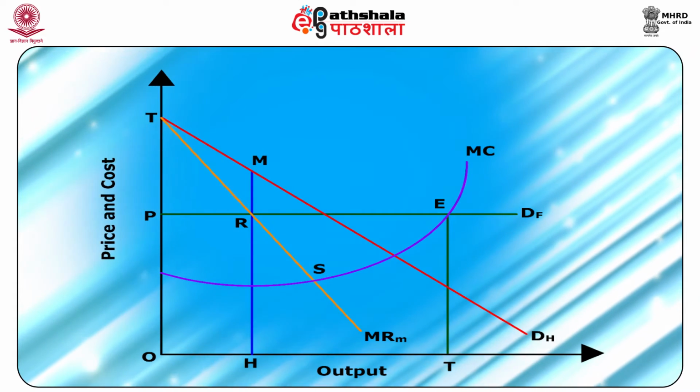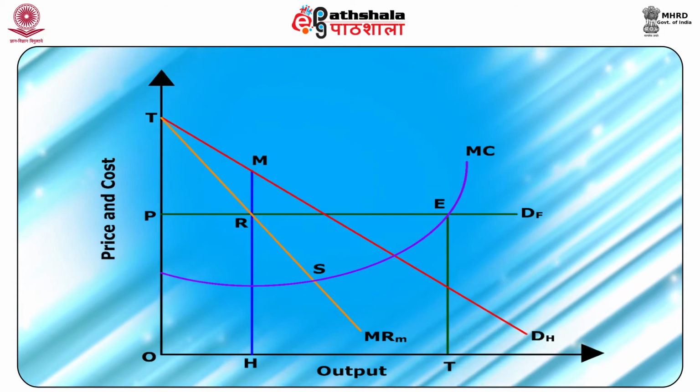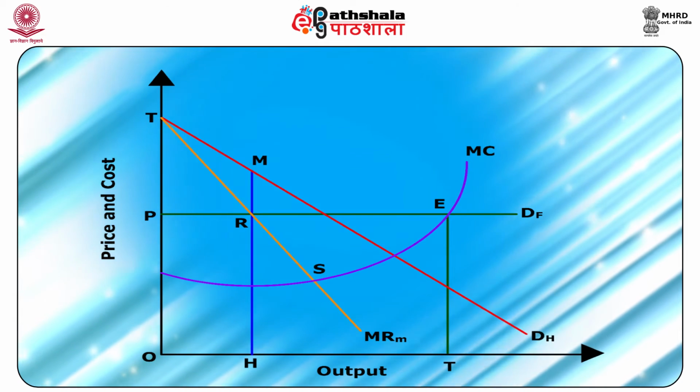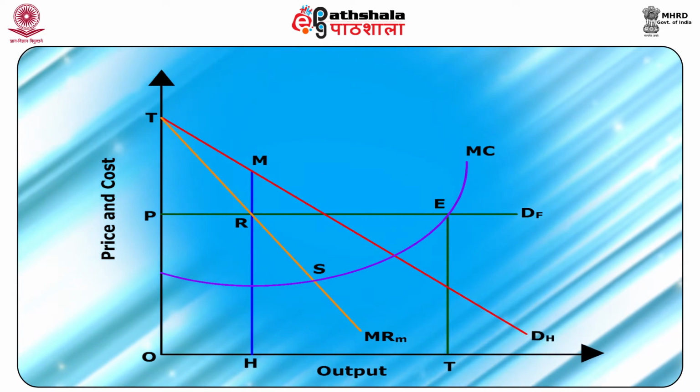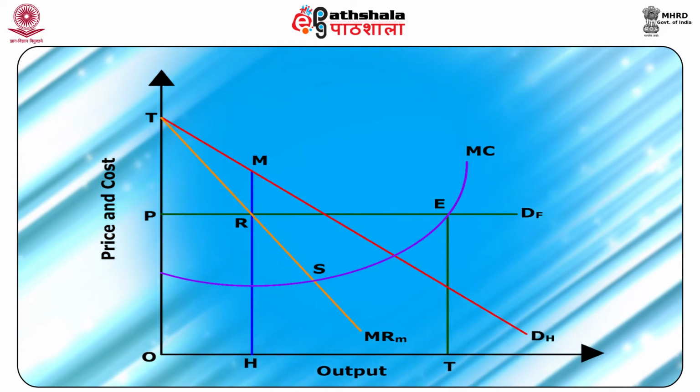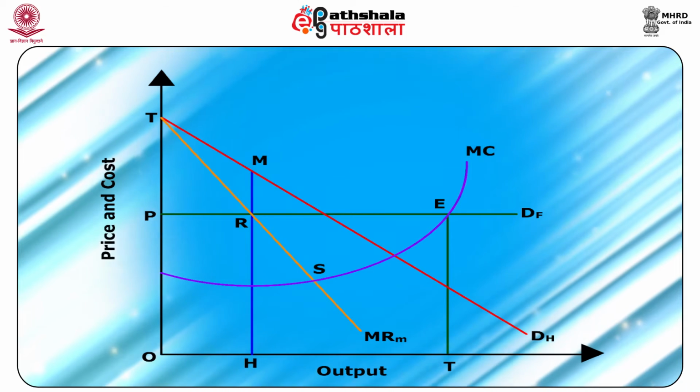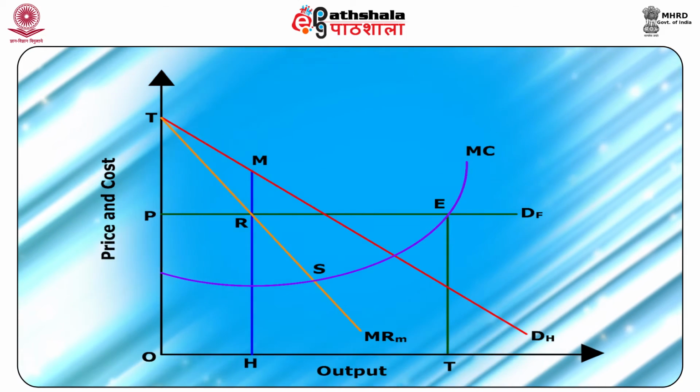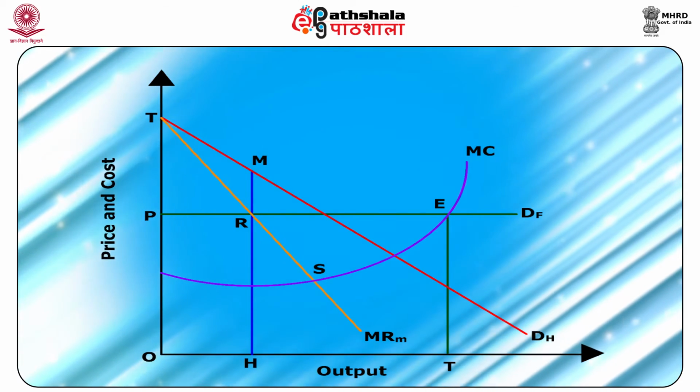Therefore, what we can see is that the foreign market demand curve faced by a monopolist is the horizontal line, which is PDF, which is also the marginal revenue curve, because in the foreign market it is assumed to be the competitive price and it is perfectly elastic.